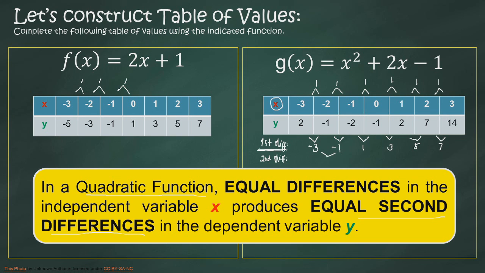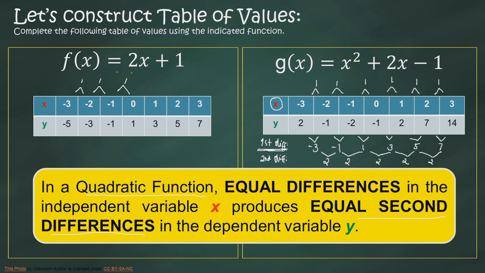We have negative 1 minus negative 3. That is positive 2. 1 minus negative 1, that's positive 2. 3 minus 1, positive 2. 5 minus 3, that's positive 2. And 7 minus 5, still that's positive 2.